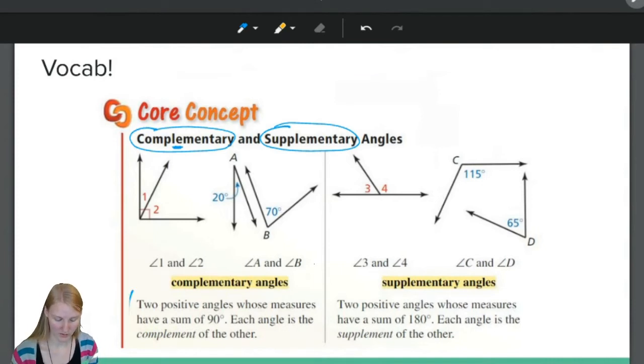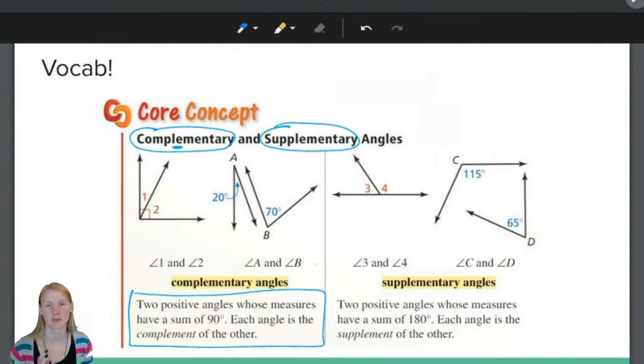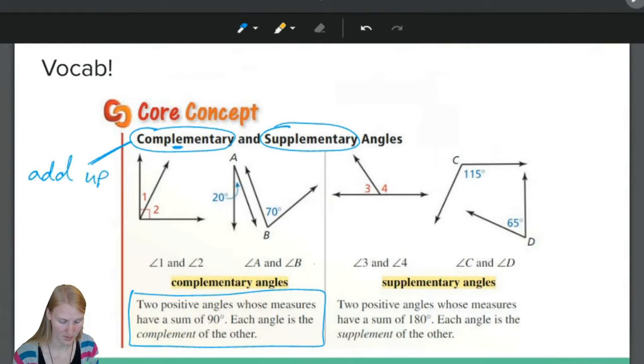Complementary angles are two positive angles, must be positive, whose measures have a sum of 90 degrees. Each angle is the complement of the other. So, when you see this word, I want you to think they add up to 90 degrees.